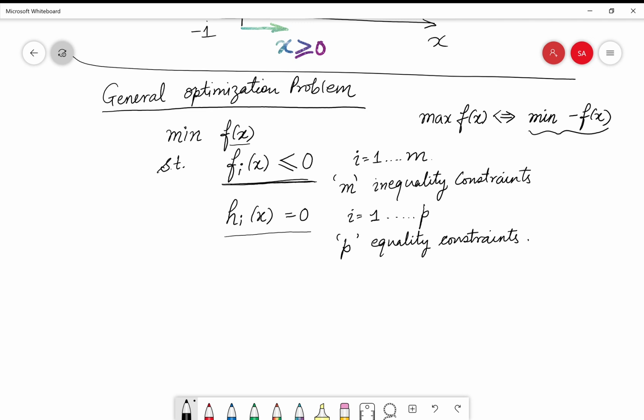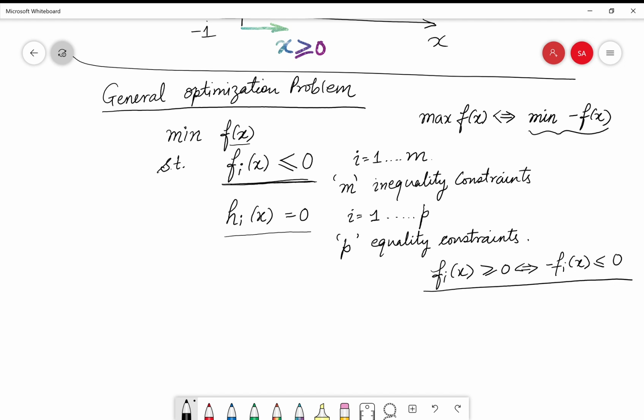You might be wondering, I have not written constraints such as fi of x greater than or equal to 0. Well, this is equivalent to writing minus fi of x less than or equal to 0, so I have just clubbed them together into this form.